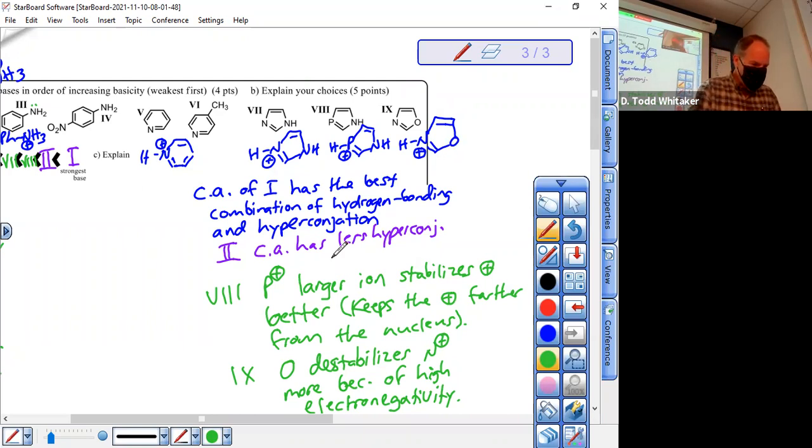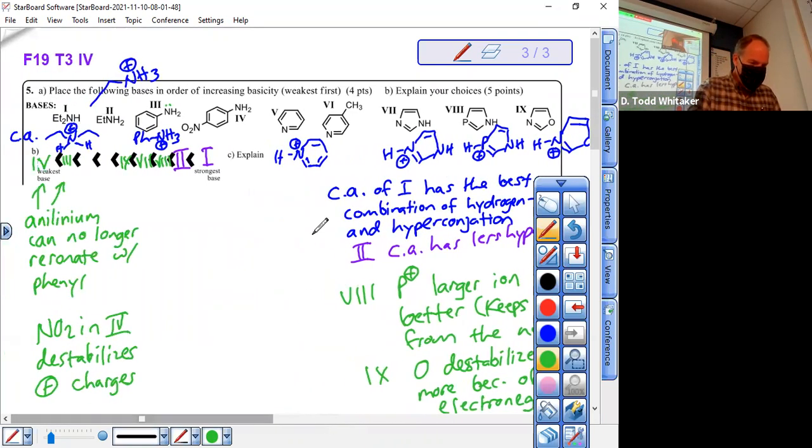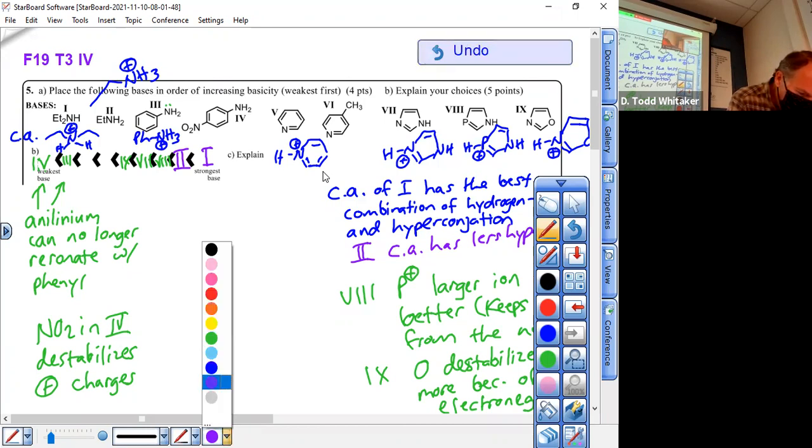And next up are my two pyridines. And I like the pyridine with the methyl because methyls actually help cations, don't they? I'm gonna write that down. Methyl hyperconjugates with C plus. So in these two, purple is used already. Go with pink.